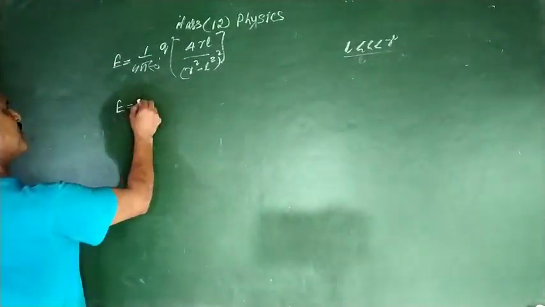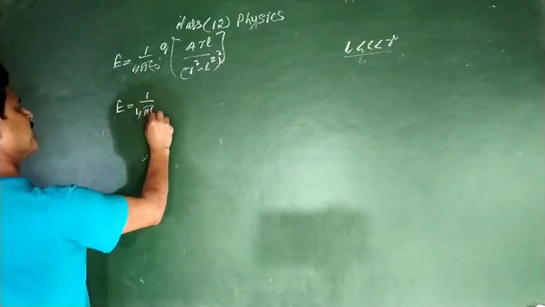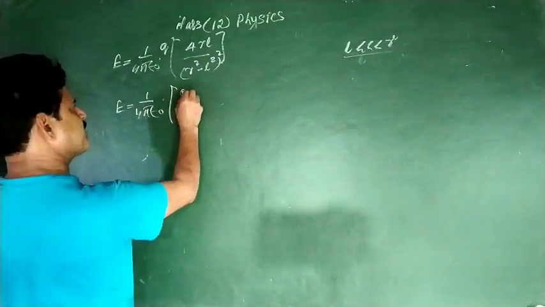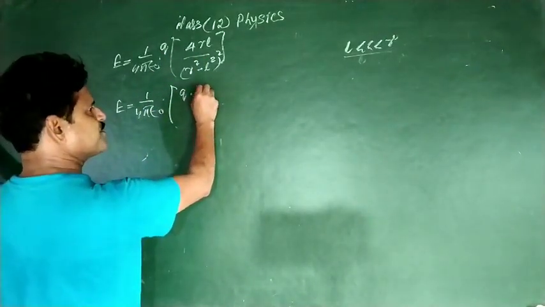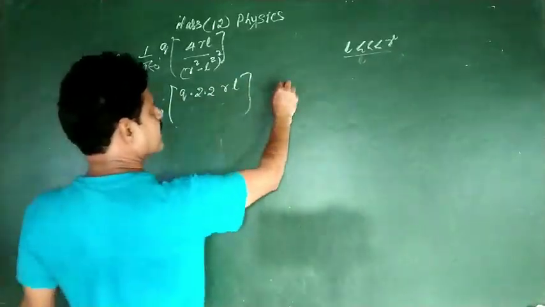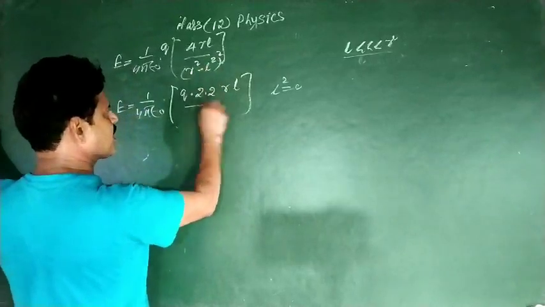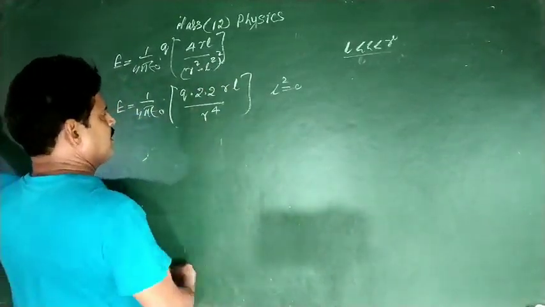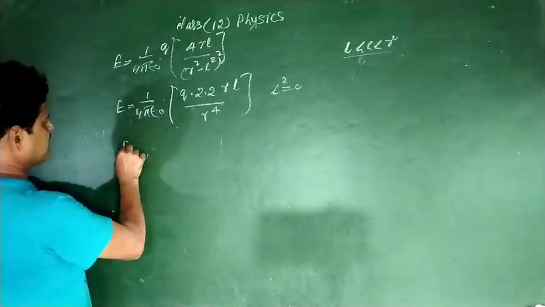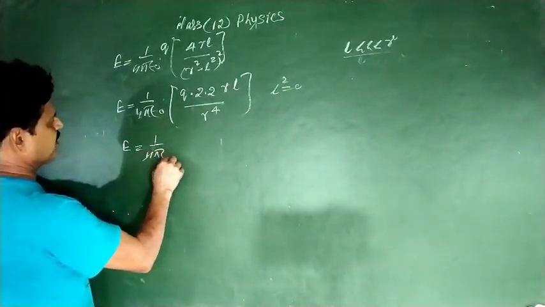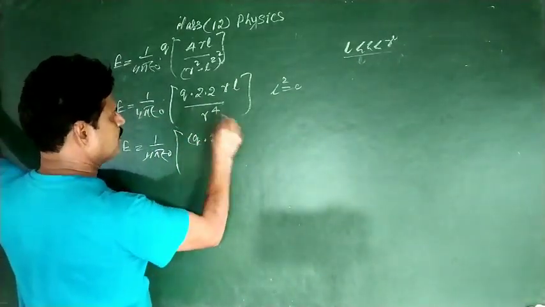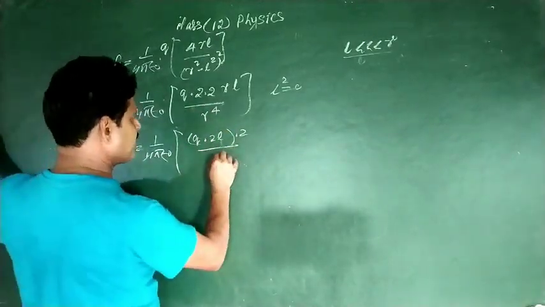So E is equal to 1 upon 4 pi epsilon 0, keeping q in the bracket, q into 4 as 2 into 2L, divided by R power 4, where L square is taken as 0, and one power of R cancels from R power 4. Then E is equal to 1 upon 4 pi epsilon 0 q into 2L into 2 divided by R cube.